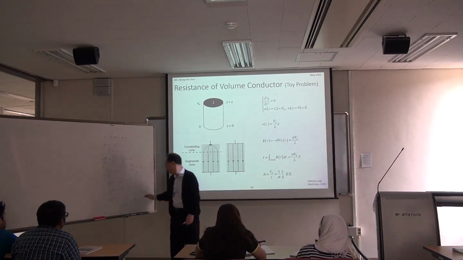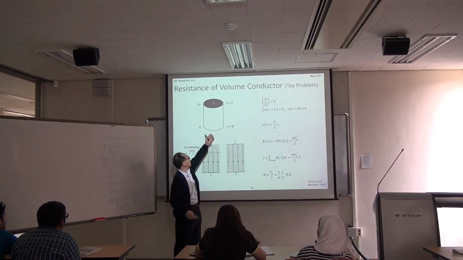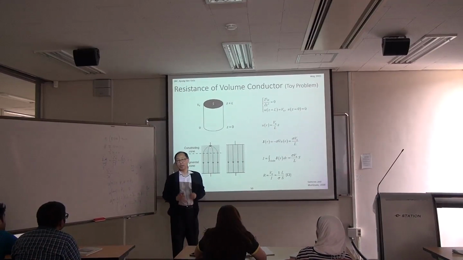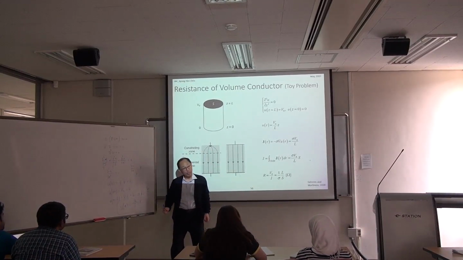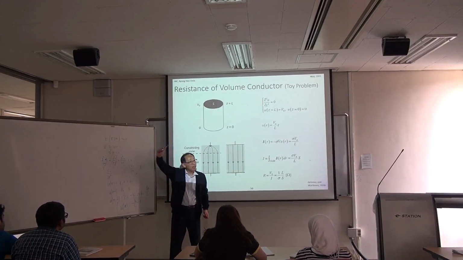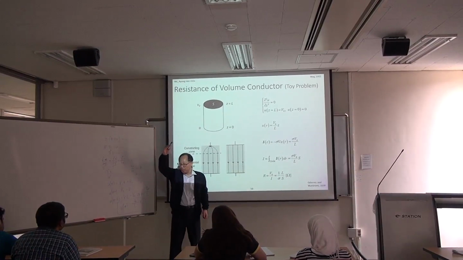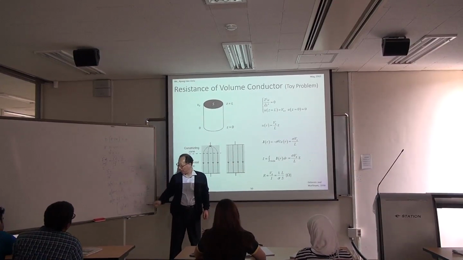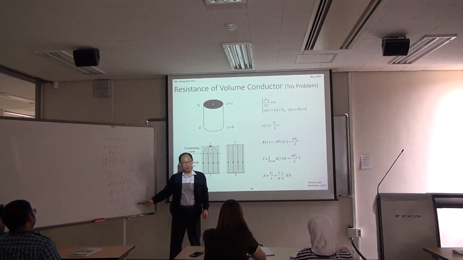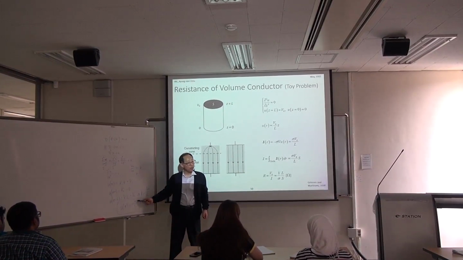So this is the voltage. What is the voltage at the bottom? 0. And the voltage increases as we move up linearly. When we arrive at the top, at z equal L, the voltage is going to be V0.